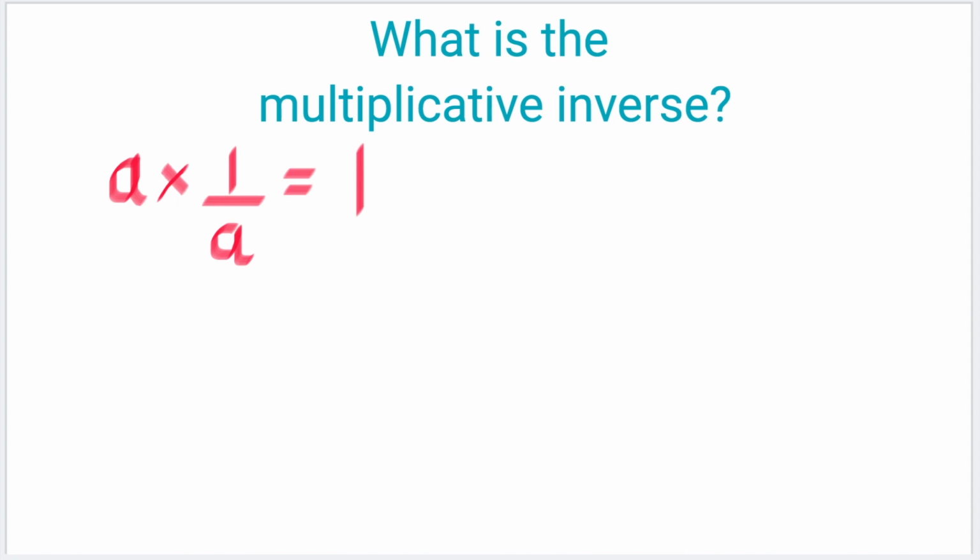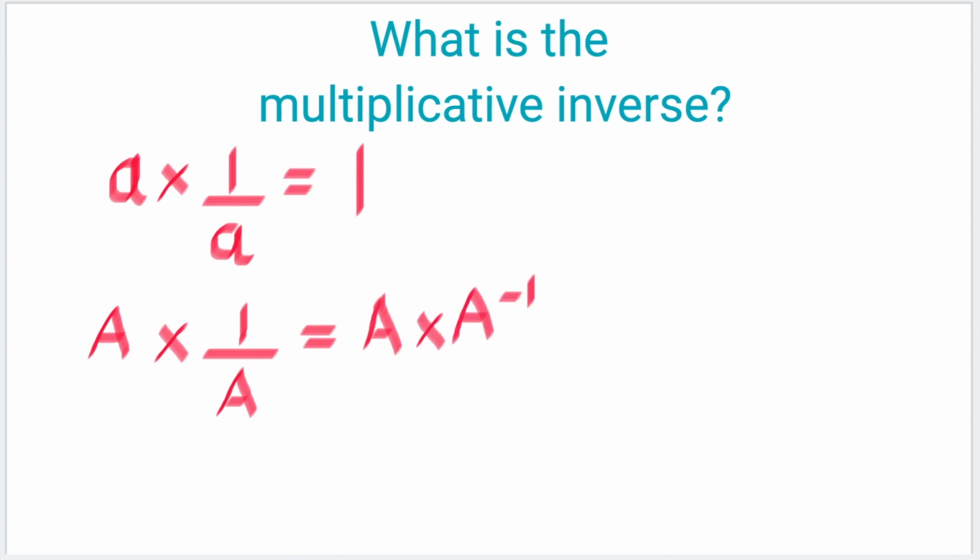And so we can extend this idea to matrices, where if you have a matrix A times the inverse, which would be 1 over A, is equal to... now when it comes to matrices, we don't divide matrices, but we can represent this inverse with the following notation: A times A to the exponent negative 1.